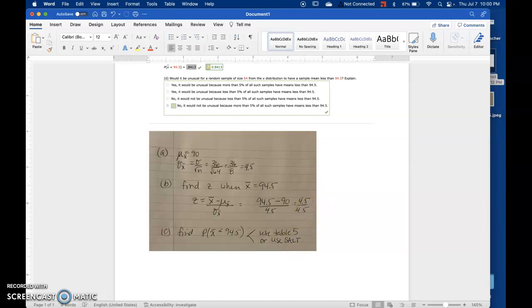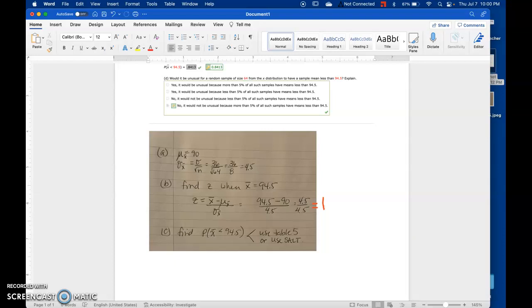I don't have that written here. I wonder if it'll let me write it. Z equals 1. Okay, so Z is equal to 1. So what we're going to do is use the table first.